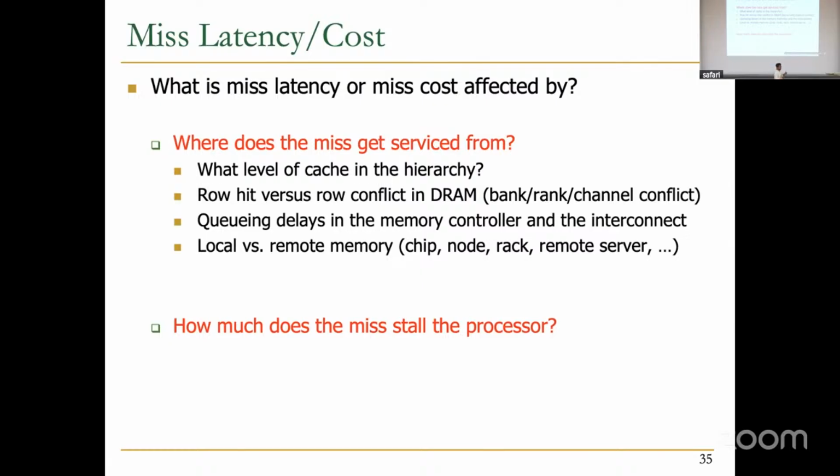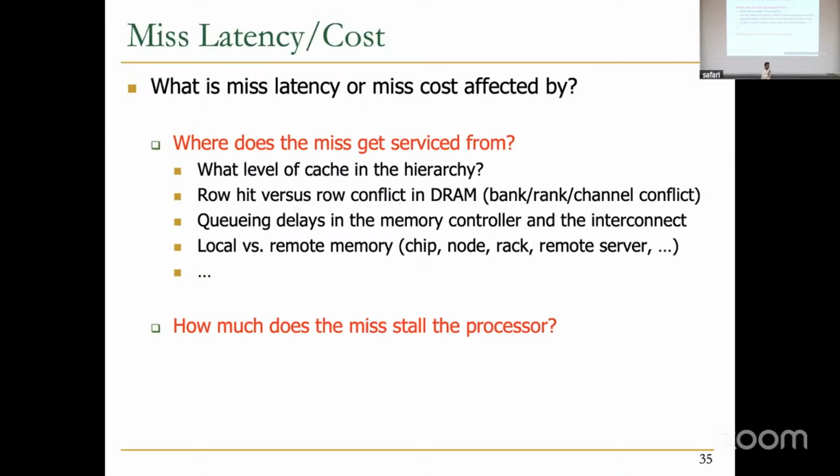And then another critical point of the miss latency, or the miss cost, is that if it is a cache miss, how much is that cache miss actually stalling the processor? The moment you start probing this question, you start understanding that many of the assumptions you are making might not actually hold true.